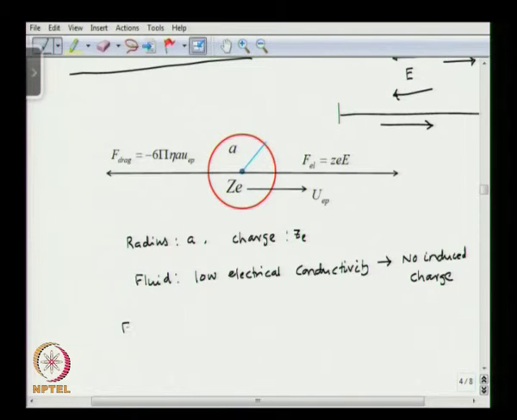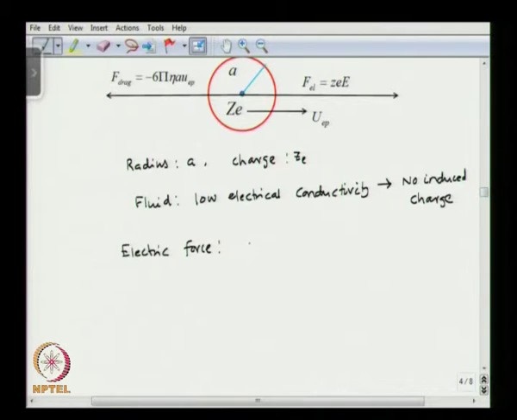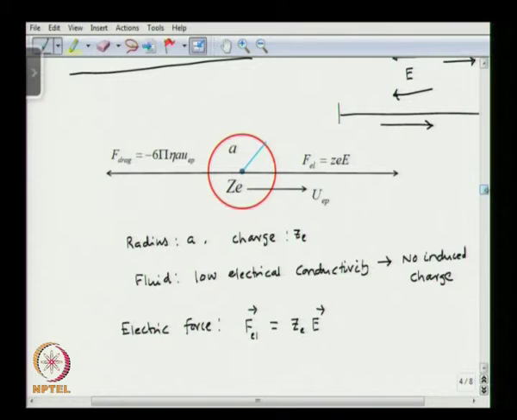So the electric force is given by the charge into the electric field. So F electric is the charge into the electric field, and because of the electric field, when this spherical charged particle tends to move, it will be subjected to a drag force, okay, as you see here.